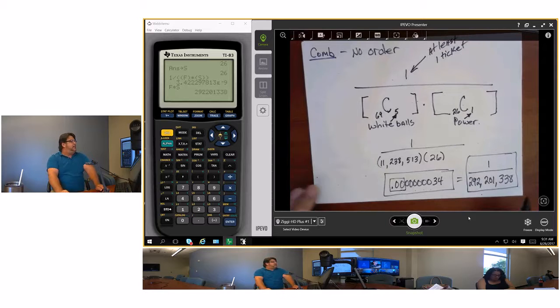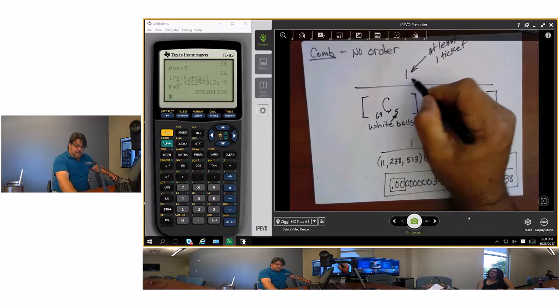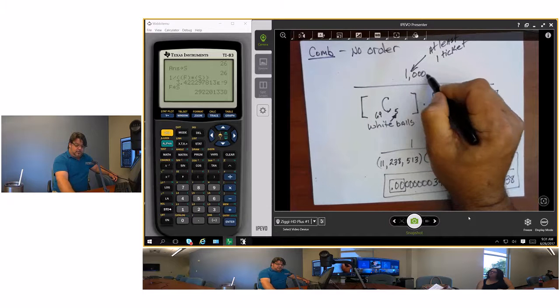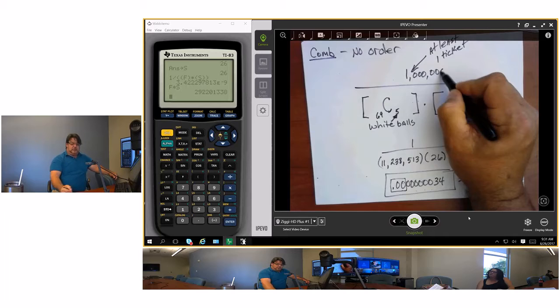Everybody understand that? We have 0 probability of winning the lottery with 1 ticket. Well, what if you have 1,000,000 tickets? So change this to 1,000,000 tickets.